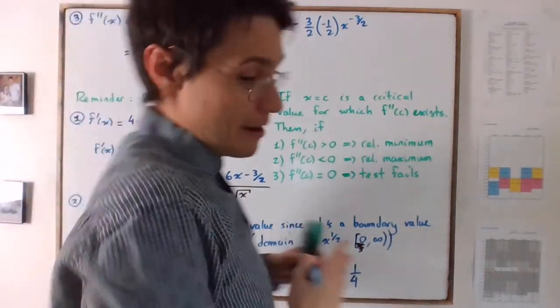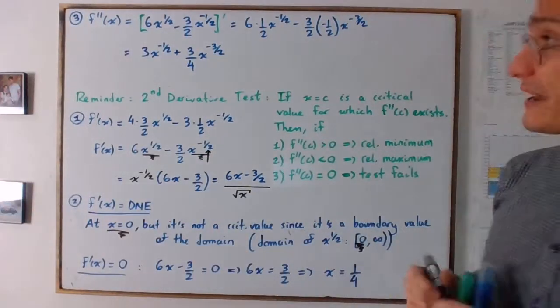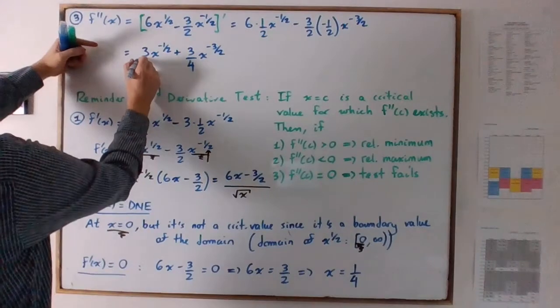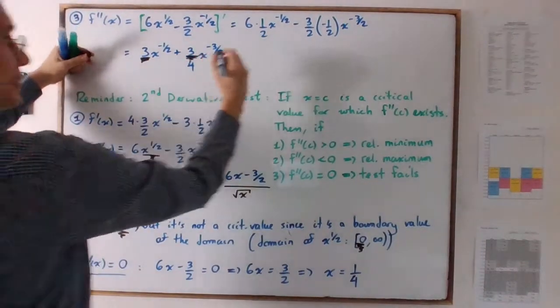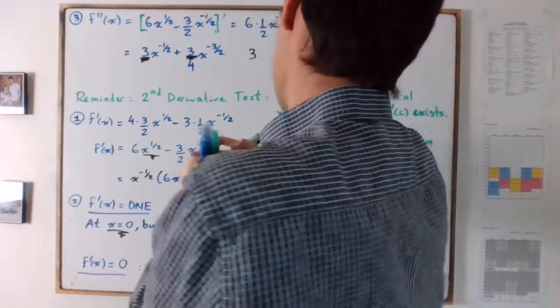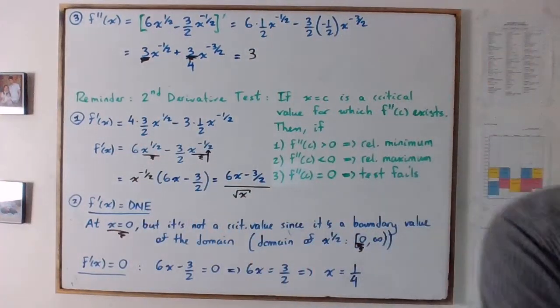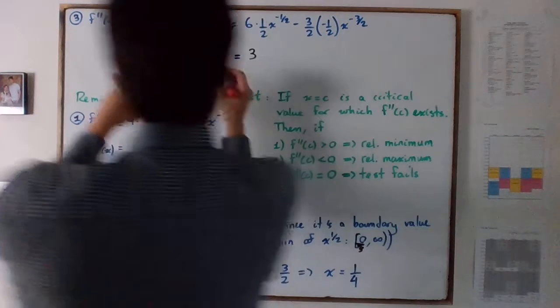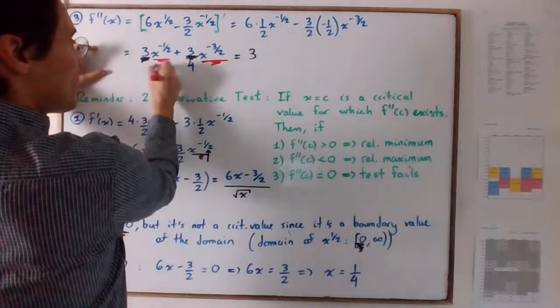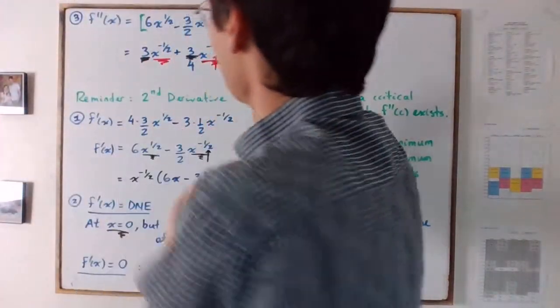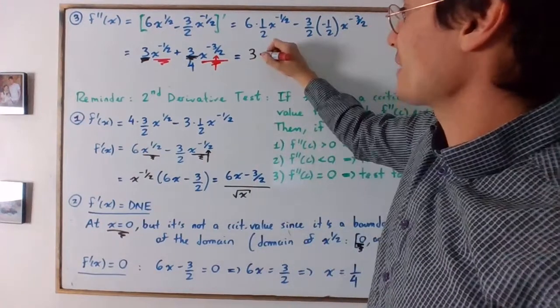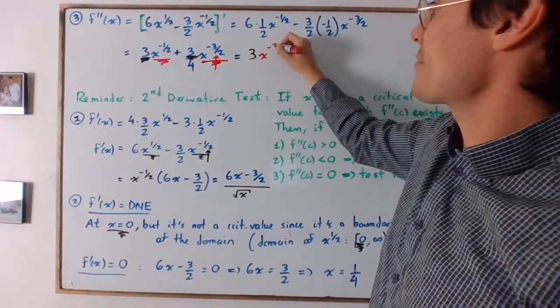Okay, and from there, let's factor the 3 out. That is a common factor. So we will have like 3 times some things. That will help our evaluation. And let's also factor the x. So factor the common factor of x, and the lower exponent is right here. So we're going to factor x to the negative 3/2.